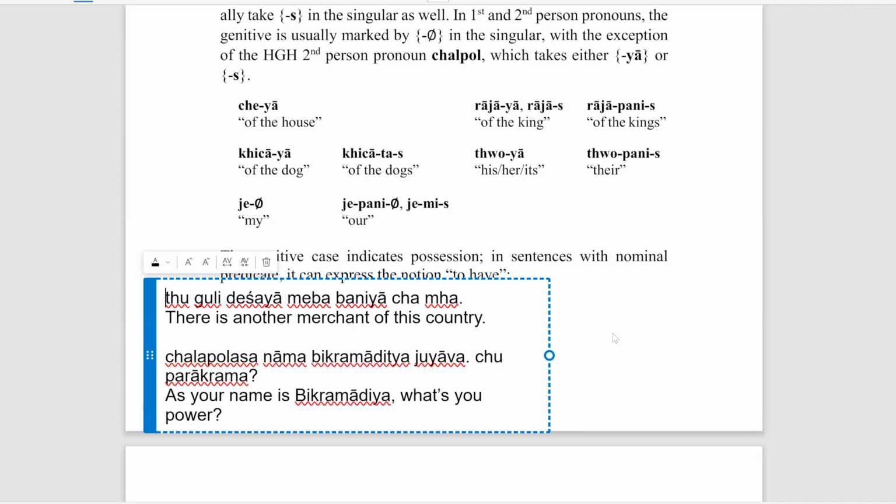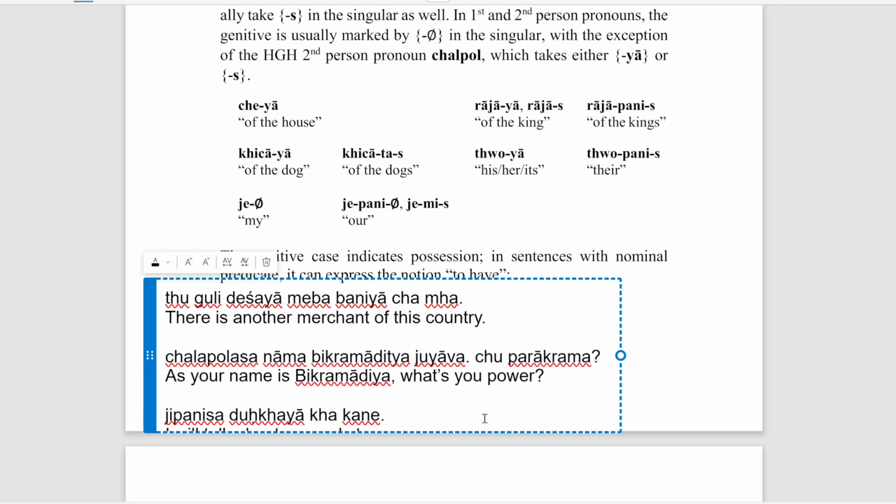Juyava, I think it's probably some sort of auxiliary verb, or sort of verb that marks the reason. Probably. Yeah, this is antecedent. It's from juye, to be, to become, and juyao is the antecedent. So in the sentence, it's more like your name being Vikramaditya, then what's the next?